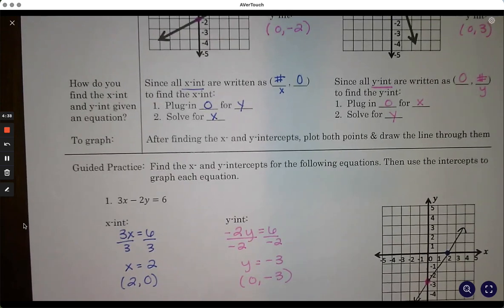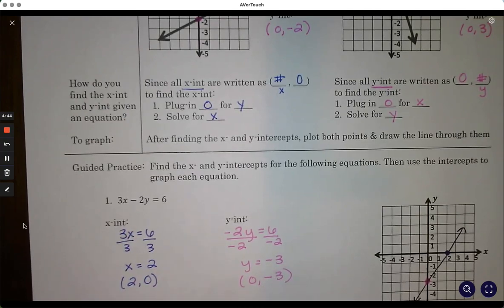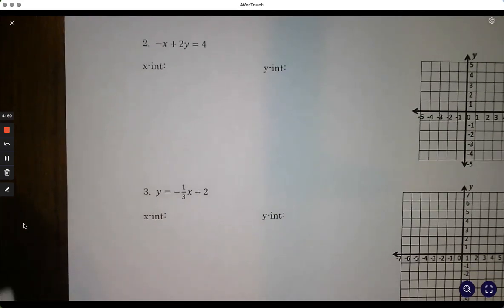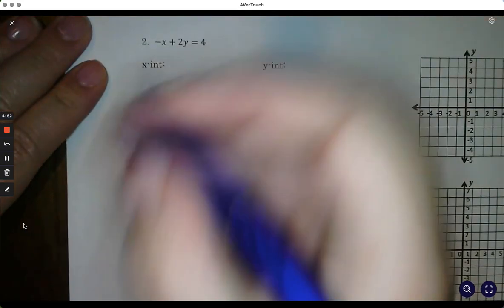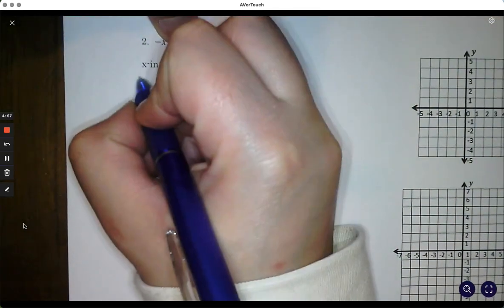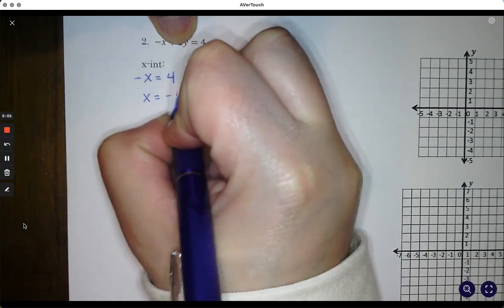Okay, so a couple more examples. I'm not going to graph them because I don't think I have you graph them on your practice, but I want to show you again how to just cover up and solve. Okay, so flip your page over. All right, so if we're looking for the x-intercept, we're going to cover up the y. So -x equals 4. x equals negative 4.